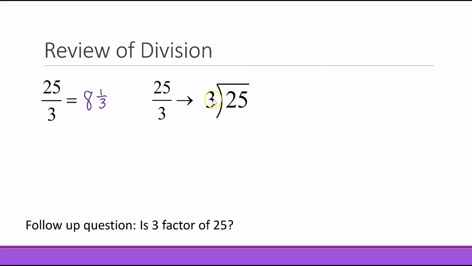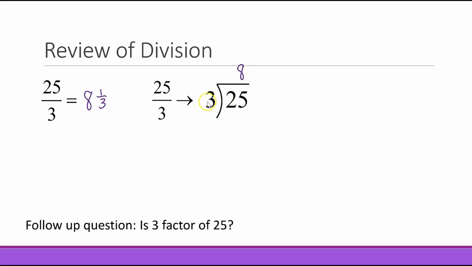There is no whole number I can multiply 3 by to get to 2. So I move on: 3 times what number gets me to 25? There's a number that gets me close to 25 without going over, and that number is 8. And that becomes the quotient.